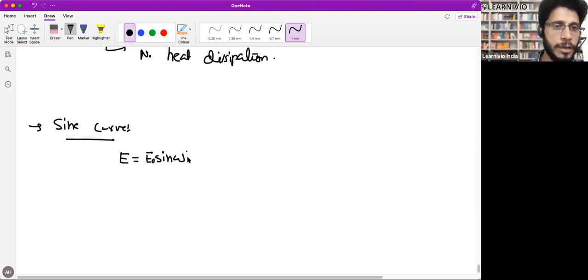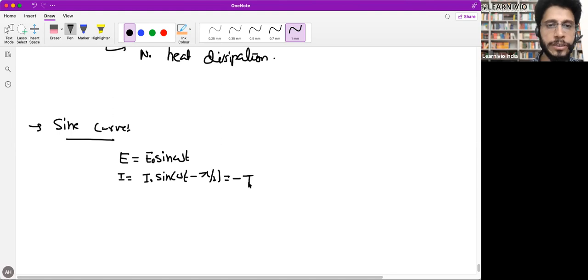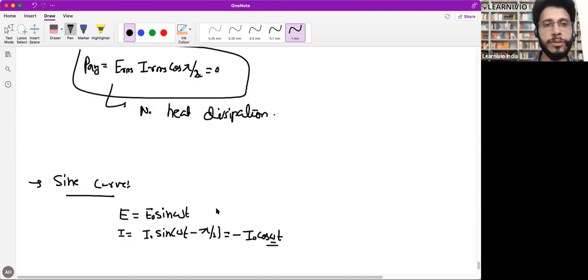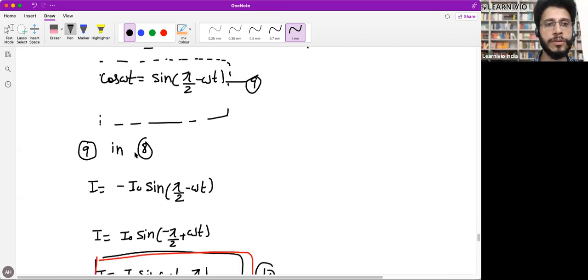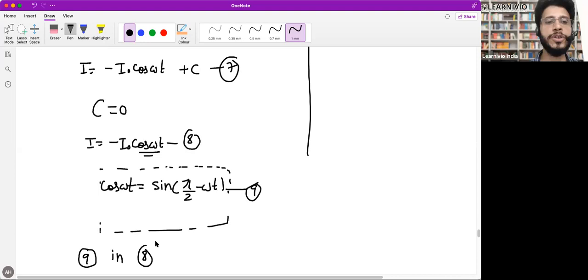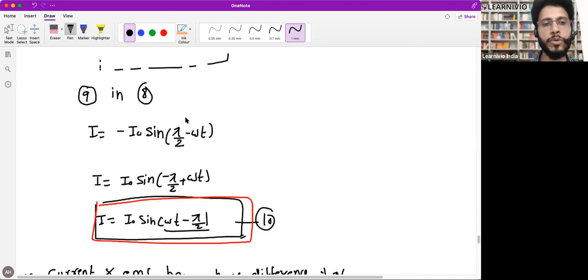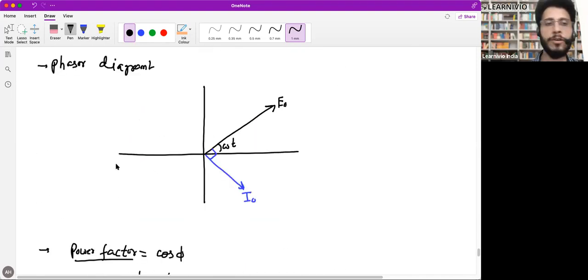For current, I can either use I naught sine omega t minus pi by 2, or I can convert it into cos and write it as minus I naught cos omega t. This will be easier to start with. So to draw the graph, I'm using E naught sine omega t and minus I naught cos omega t.